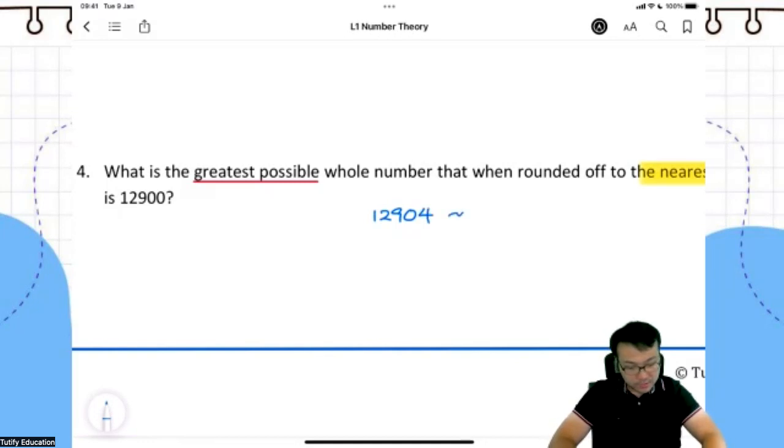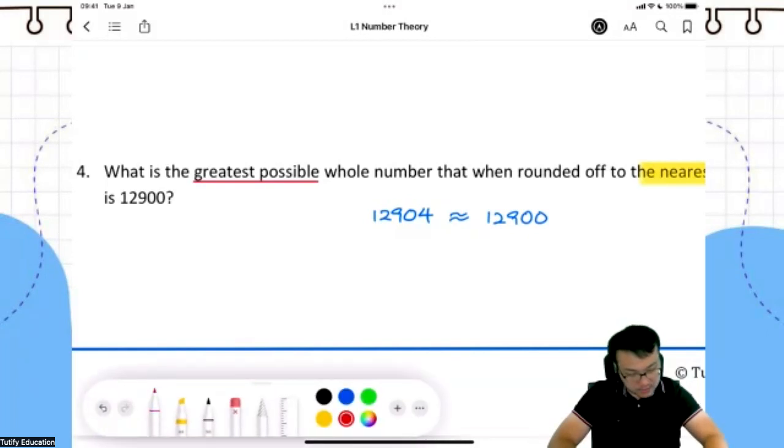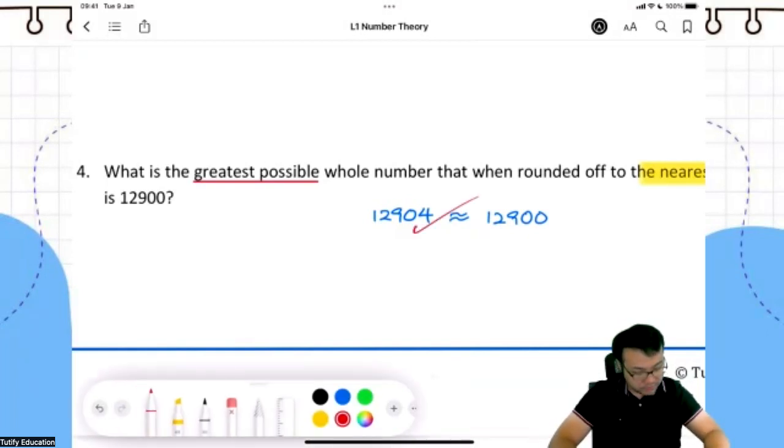And this will be rounded down because you look at the number 4. The number 4 is the ones digit, right? You round it down and you'll get this. So the correct answer is 12904.